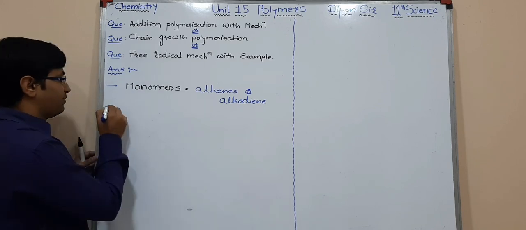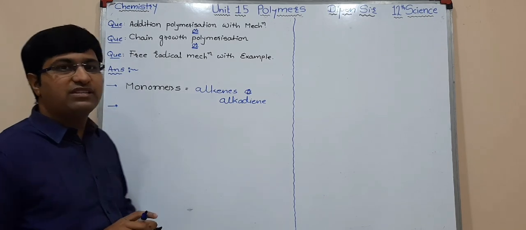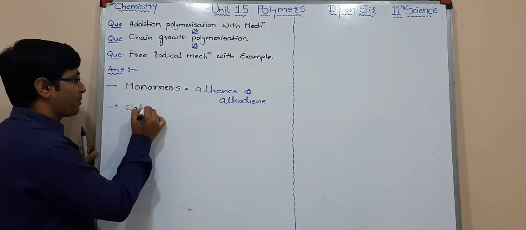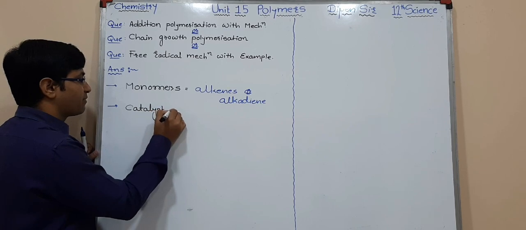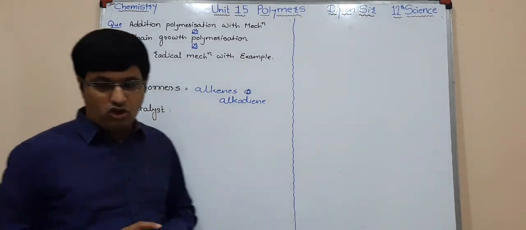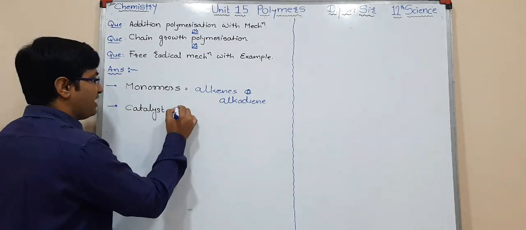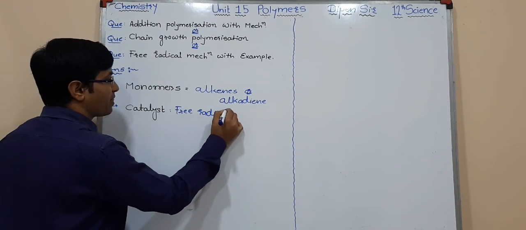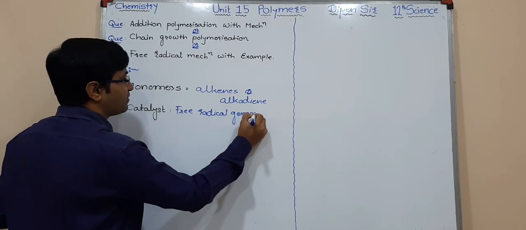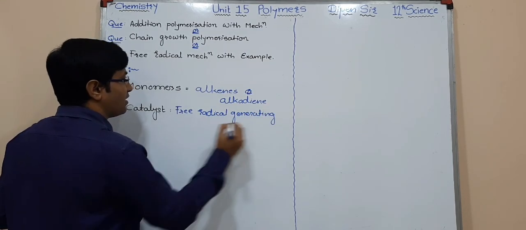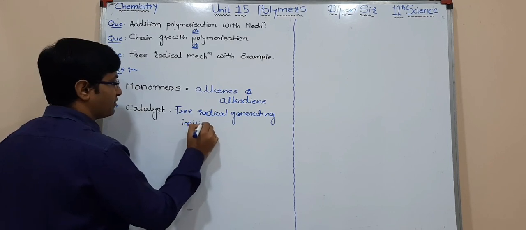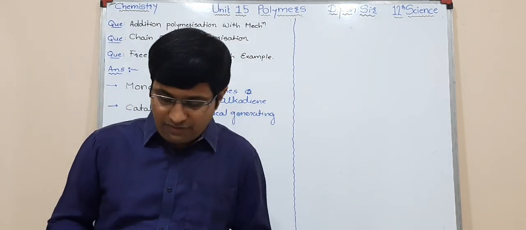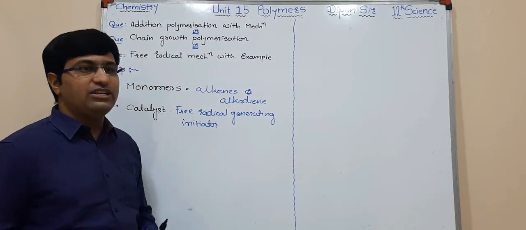Along with the monomer, one important component of this reaction is a catalyst. This catalyst is also known as a free radical generating initiator. Yes, this catalyst is also known as a free radical generating initiator.